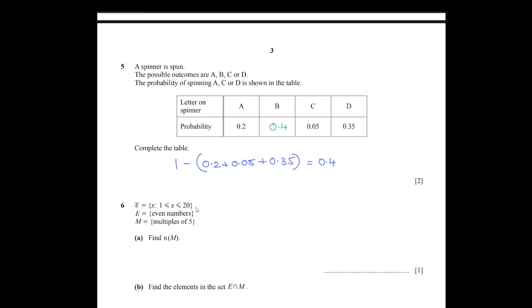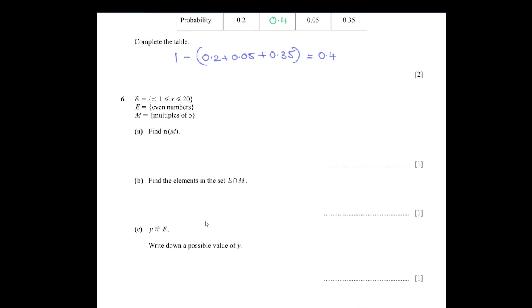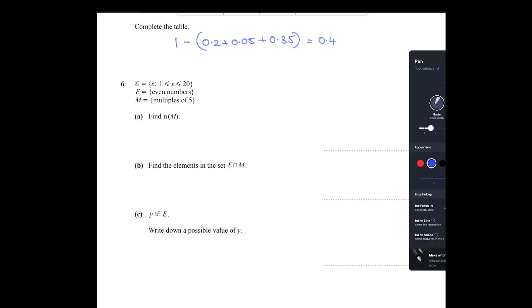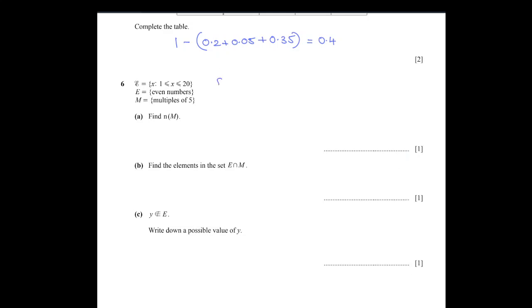Question number 6. Universal set X is x such that 1 less than or equal to x less than or equal to 20. E is the set of even numbers. M is multiples of 5. M is a set of multiples of 5 up to 20, because the universal set has numbers from 1 to 20 only. If you want to make it much easier, write the numbers in the sets.